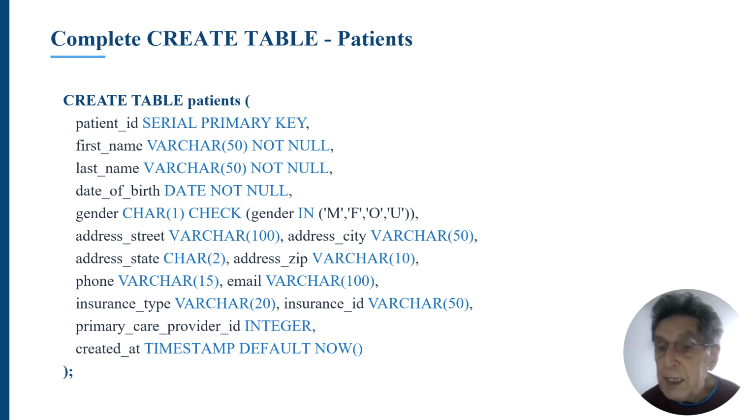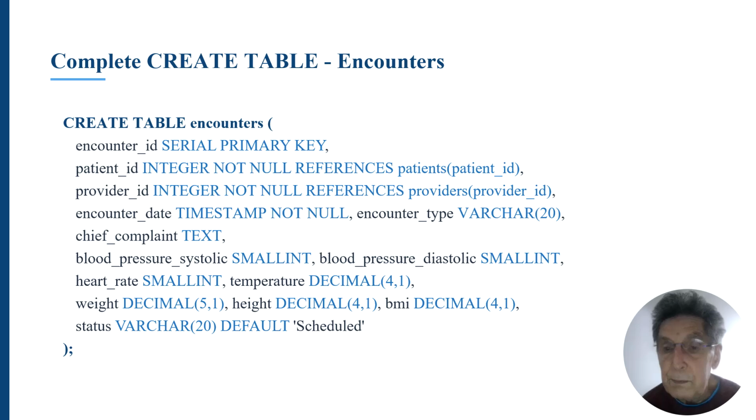Insurance type and insurance ID are billing essentials. Primary care provider ID, integer, would be a foreign key to the providers table. Created at timestamp default to now is an automatic audit timestamp for when the record is created. Notice what's not null versus nullable. Names and date of birth are essential. Addresses and email are optional.